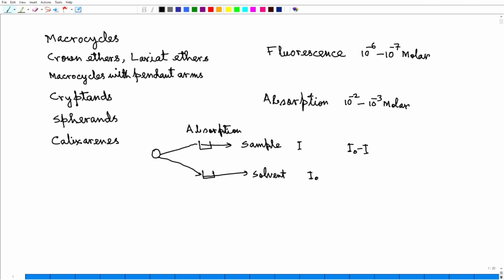Say the solvent is 100 and the sample absorbs 10, so 90 will come out.